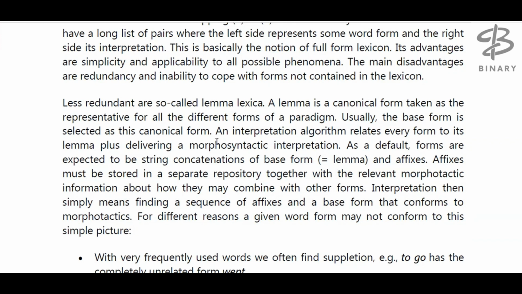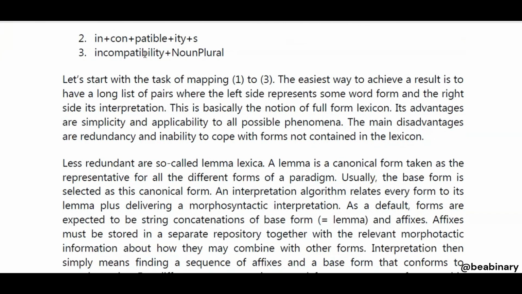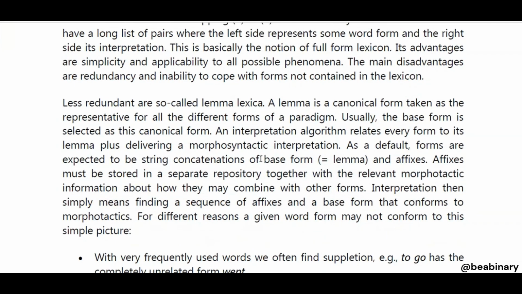This canonical form, and then we apply some algorithms related to every one of the forms of the lemma plus delivering the morphosyntactic, जो यहाँ पे syntactic interpretation.